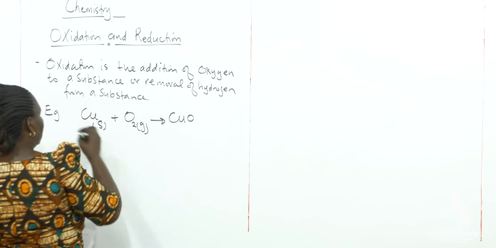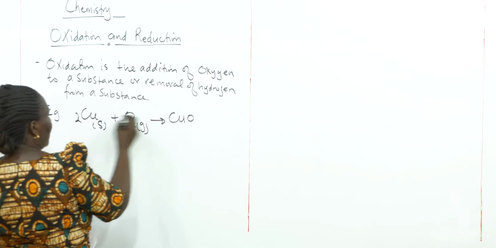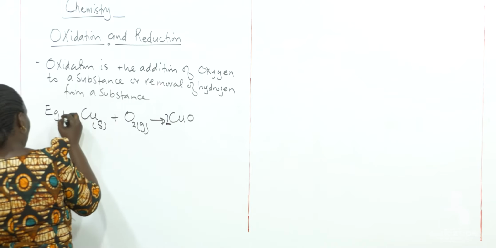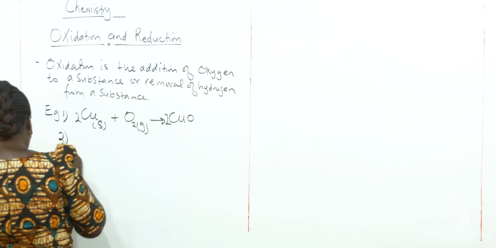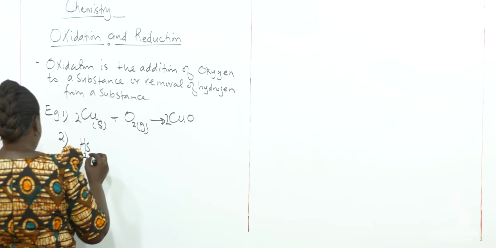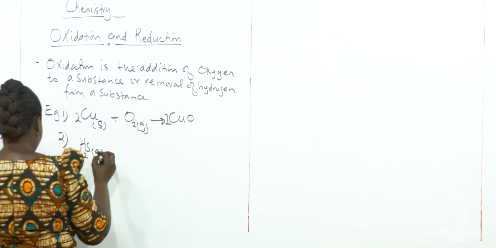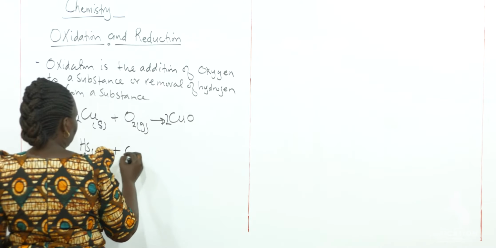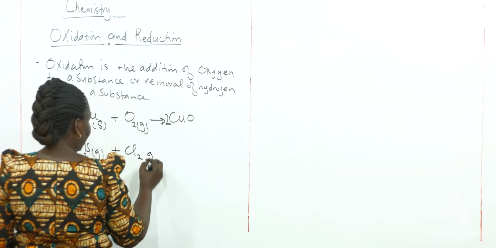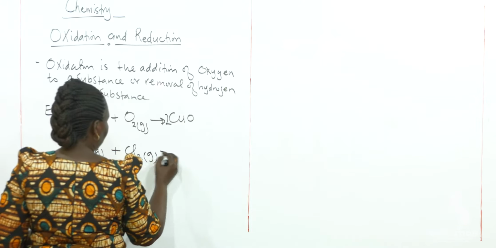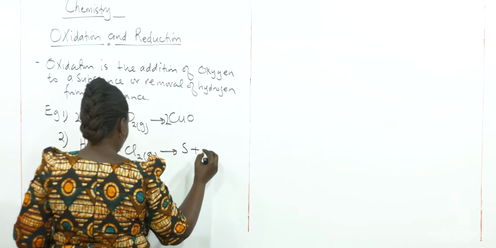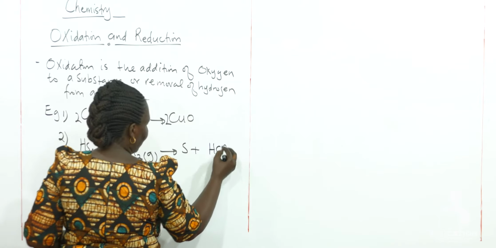In reaction number 2, we have hydrogen sulfide gas plus chlorine molecule, that is in gaseous form. This gives you sulfur plus hydrochloric acid.